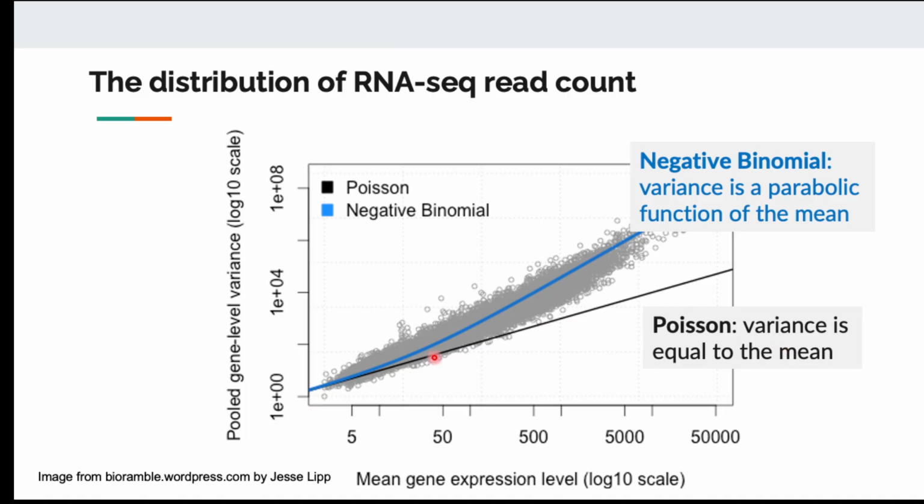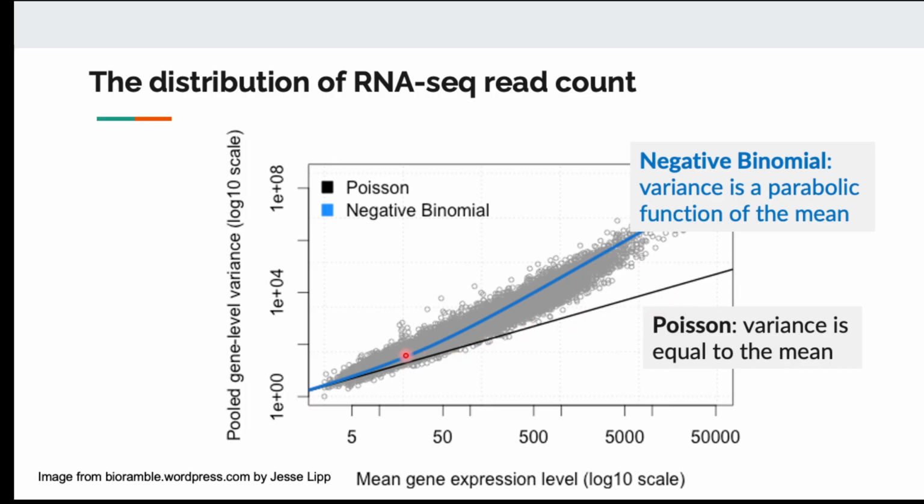So if read counts, which are integers like 1, 2, 3, 4, 5, people are tempted to model them with Poisson distribution. But if you use Poisson distribution, which implies that variance is equal to the mean, your data should follow the black line. This is where the variance and the mean are equal.